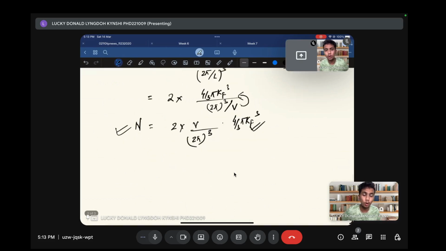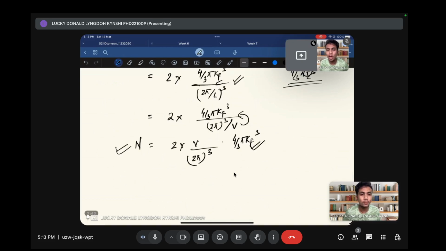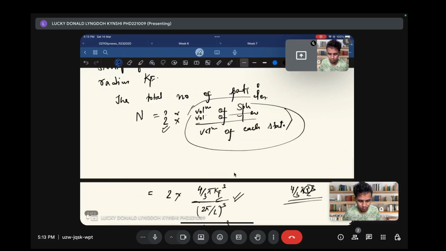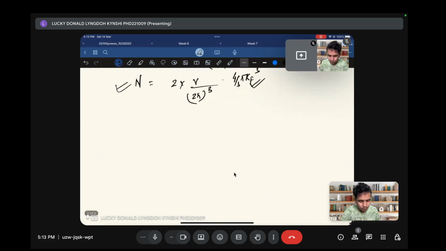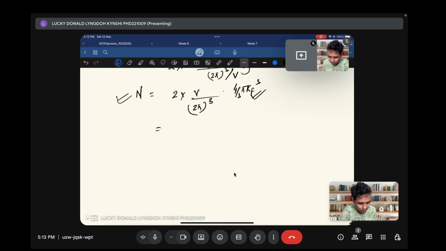You automatically have your Fermi wave vector kf, up to a maximum radius kf. Now since you know this, you can easily write N equal to V kf cubed by 3 pi square. You just cancel out the 8 here and 4 here: 2 into 4 is 8, and 2 pi whole cubed gives 8, so you can cancel it out.